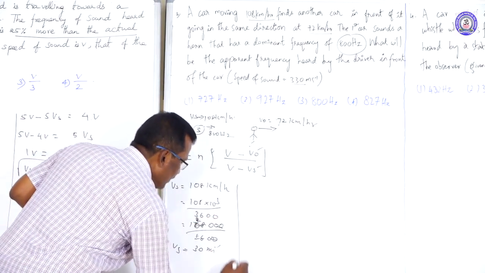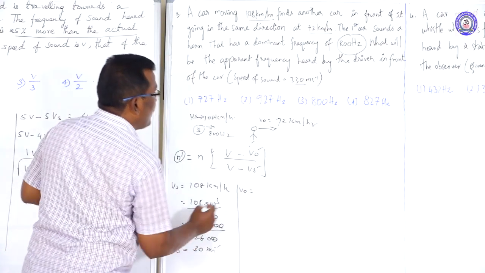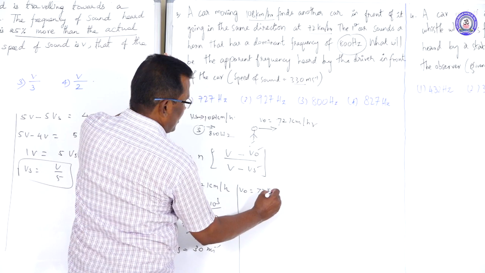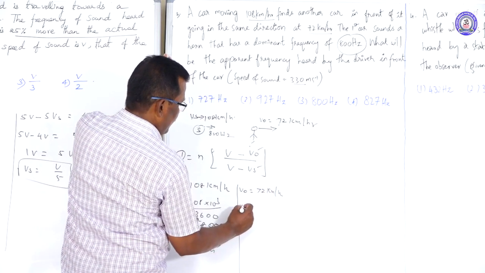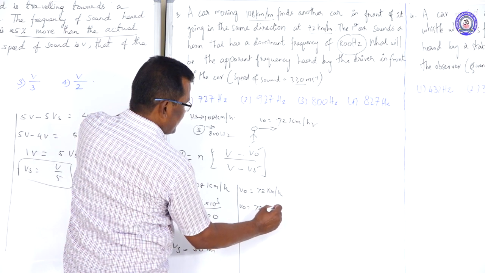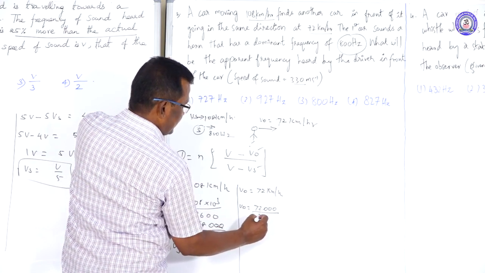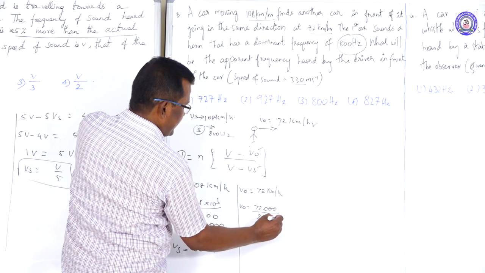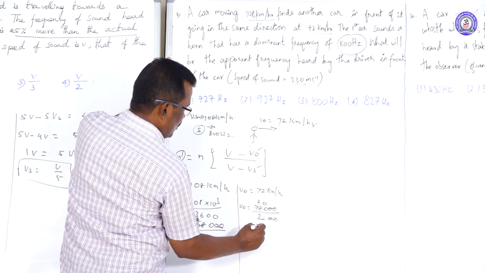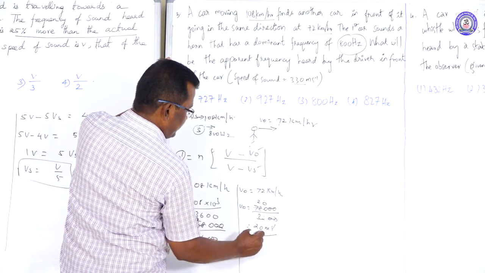Similarly, VO is 72 kilometers per hour, which is 72 times 10 power 3 divided by 3600. The zeros cancel, 2 cancels, so this is 20 meters per second. That is VO.